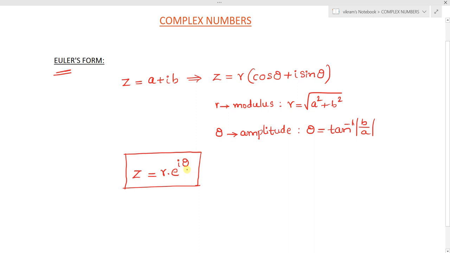Here e power i theta equals cos theta plus i times sin theta. Let me find out how this is derived.